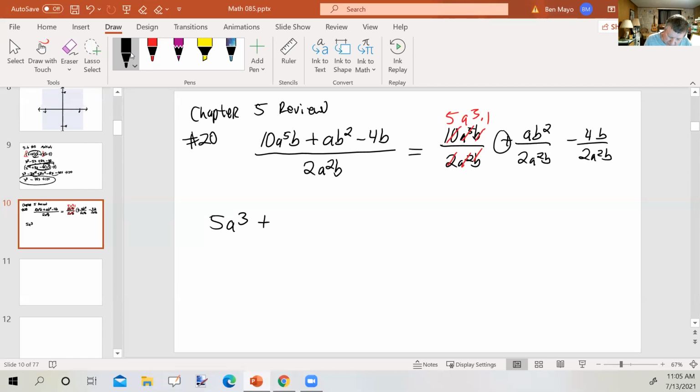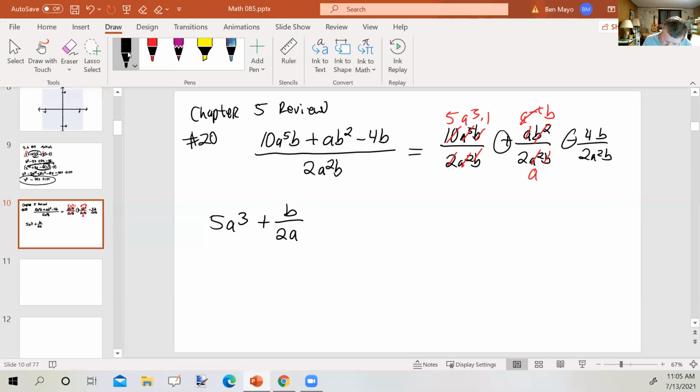Plus the next term, a over a squared gives us a to the negative 1 on top, which would become a to the positive 1 on the bottom. B squared over b would give us a positive b on top. So we get plus b over 2a.